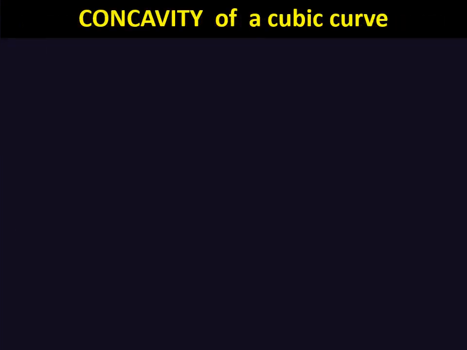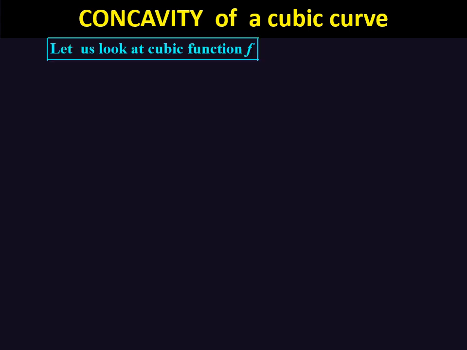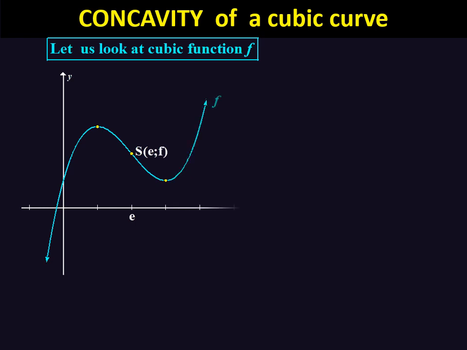Now this is another concept we're going to refer to, and this is the concept of concavity. Let's look at our cubic function. There we've got a cubic function, and this point here, remember when we sketched curves, what was this one? That's right, this is the local maximum, and this one is the local minimum. But what is this one here? This is the inflection point. You still remember?